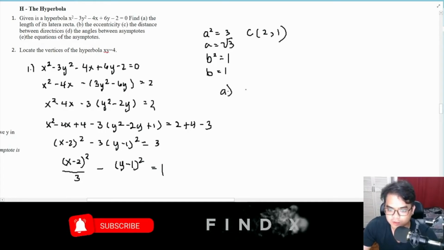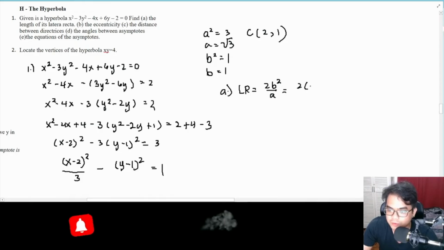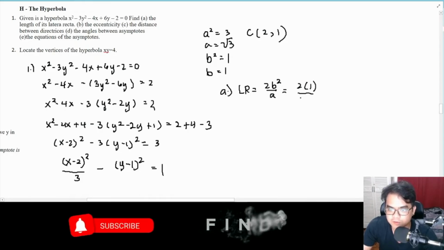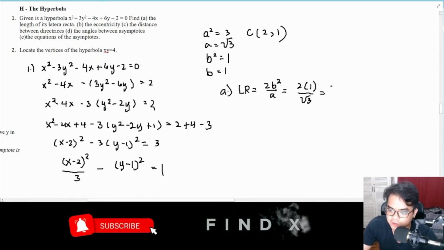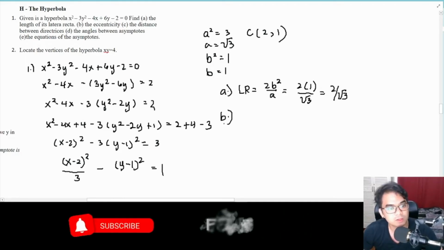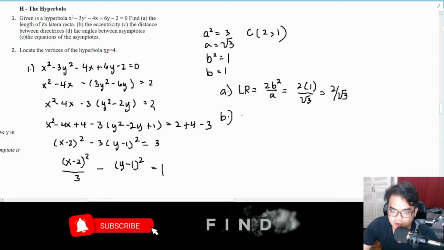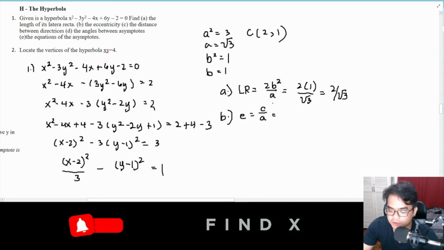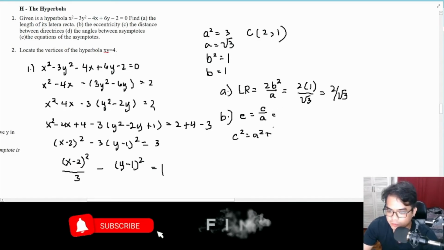What else? We have to find the latera recta. So latera recta LR is equal to 2b squared over a. So this is equal to 2 times 1, since b squared is 1 and a is square root of 3. So this is just 2 over square root of 3. The next is eccentricity. So e is equal to c over a. But remember that here c squared is equal to a squared plus b squared.